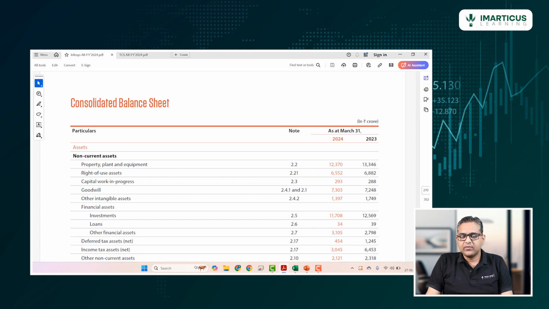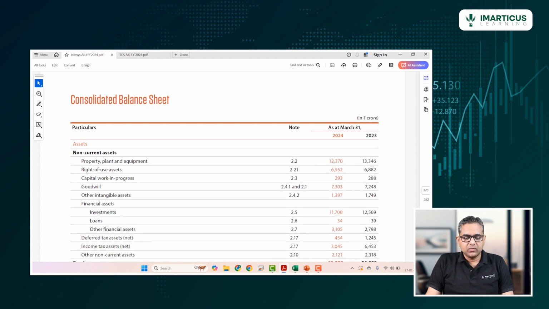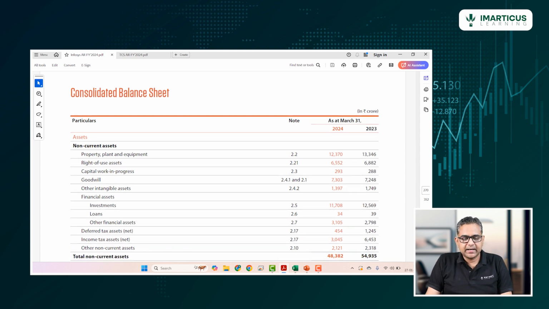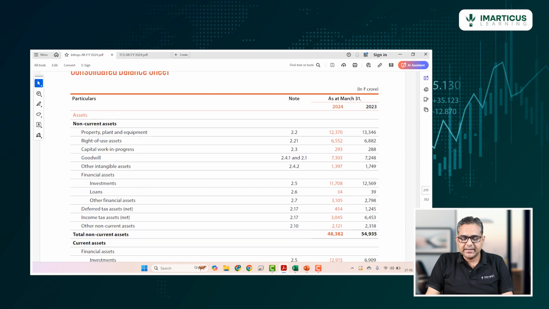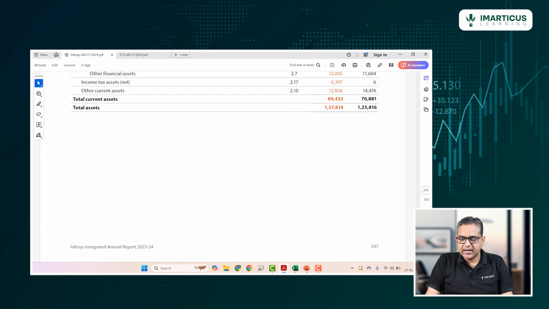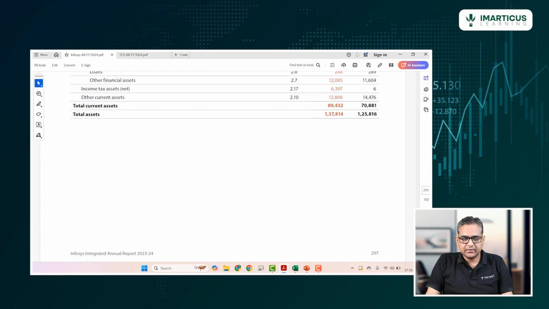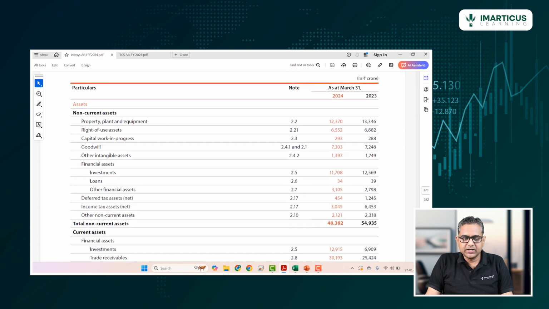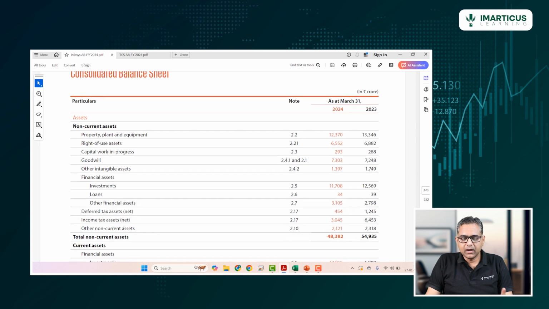And right now we are looking at the consolidated balance sheet number of Infosys for the financial year ending 2024 and 2023. Right now, if we look at this balance sheet data, we will see that it has the data related to assets, liabilities, and shareholders equity.